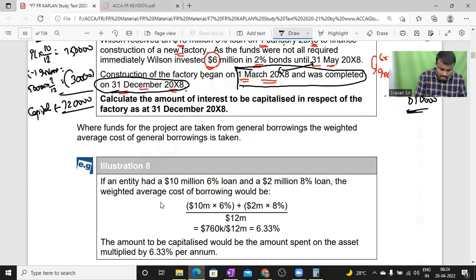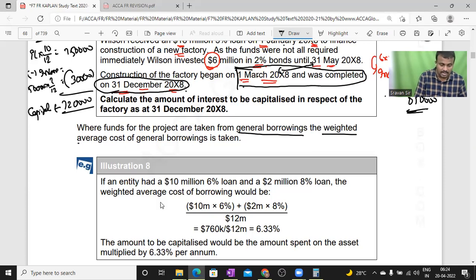Then, in case of general borrowing, we have to consider the weighted average cost of general borrowing. So how to calculate? Here, if an entity had a $10 million 6% loan and a $2 million 8% loan, what is the borrowing amount? $10 million and $2 million, total $12 million.